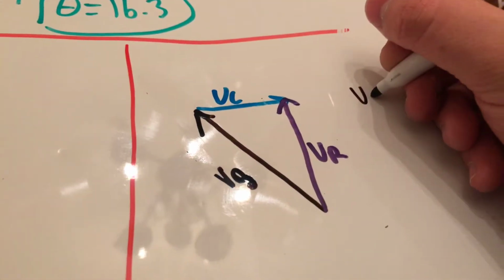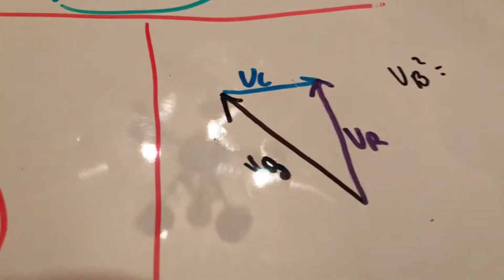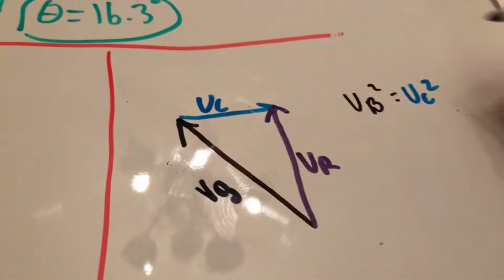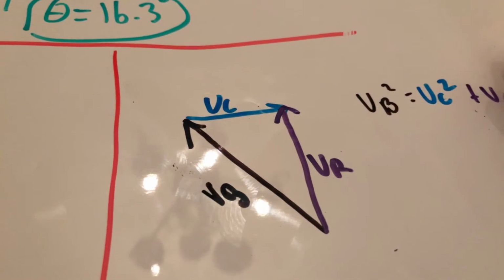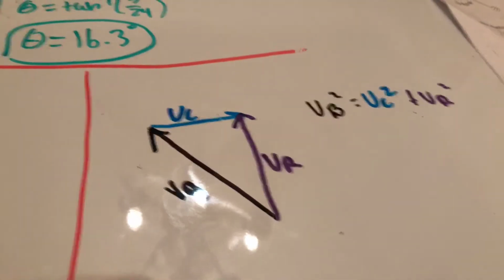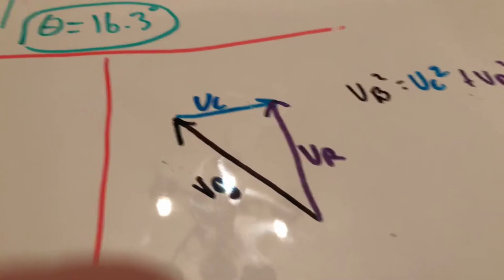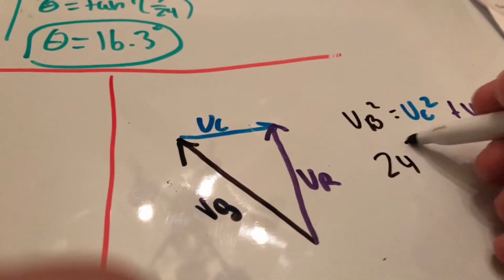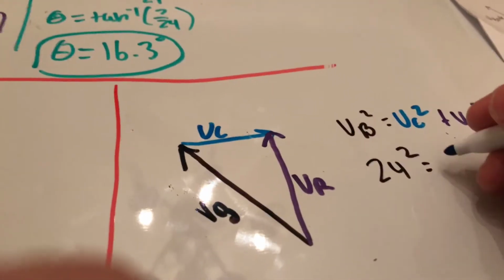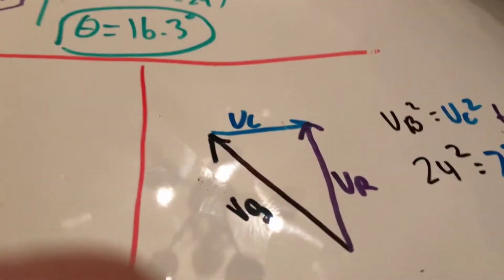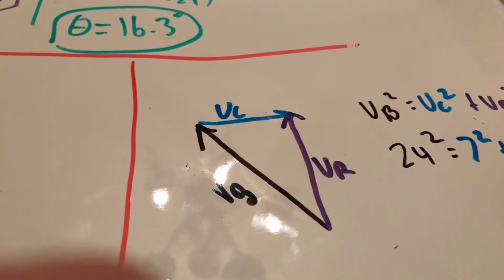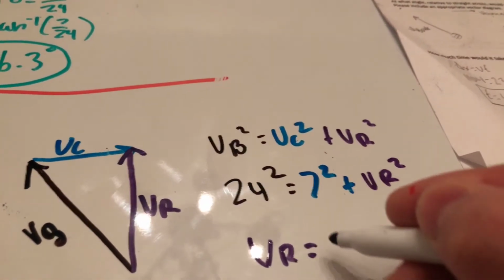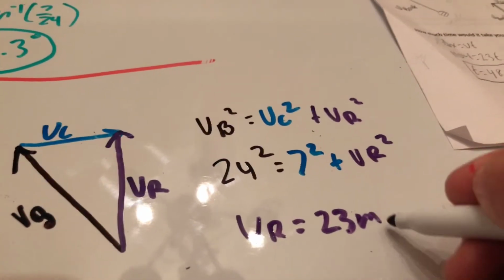The velocity of the boat is the hypotenuse, so velocity of the boat squared is equal to velocity of the current squared plus VR squared. 24 squared is equal to 7 squared plus VR squared. And VR is equal to 23 meters per second.